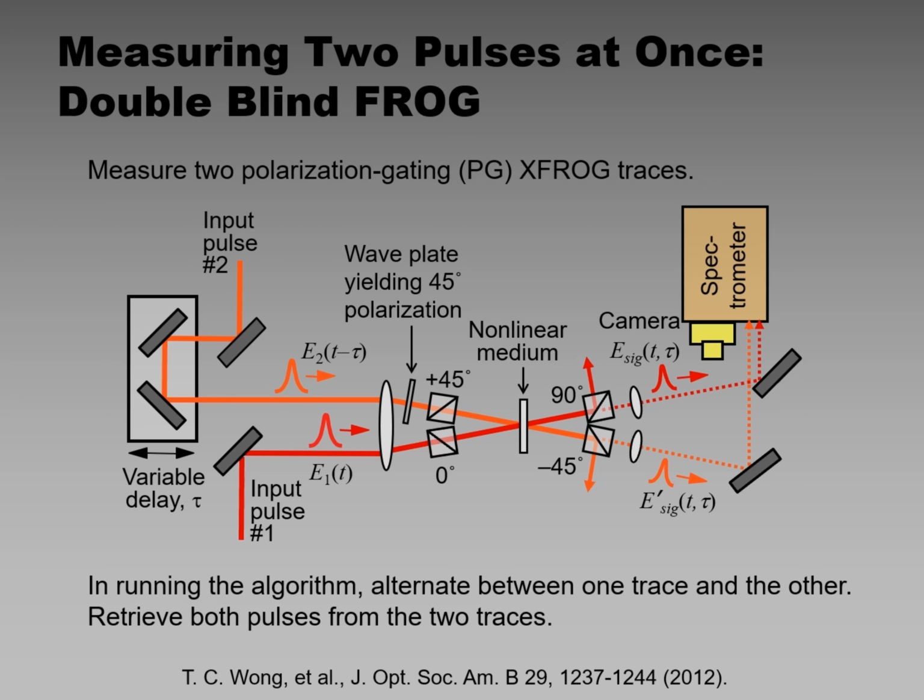But the geometry shown in this slide is a little different. It's sort of a double polarization gating setup in which one pulse polarization gates the other and the other polarization gates the one simultaneously. The word blind is used because it's related to a mathematical problem called blind deconvolution, and double because two pulses and two traces are measured.